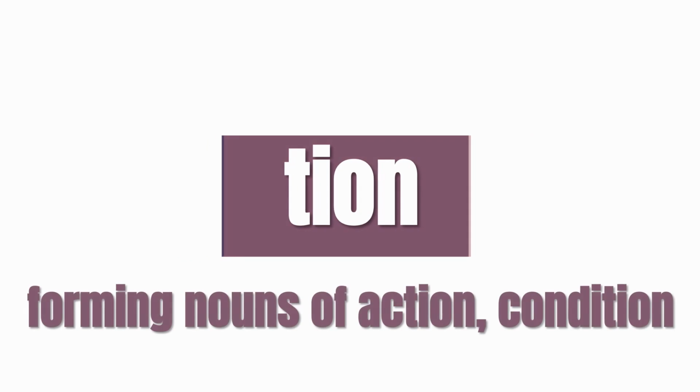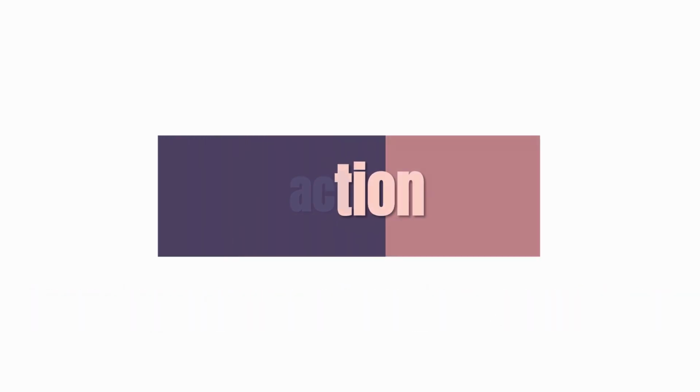This process is just like starting English with learning word roots such as -tion. Now imagine you've just learned -tion is a form to express something as a noun. Explanation on the internet would be forming nouns of action, condition, etc., such as completion, relation. Now imagine you've just learned the word action.